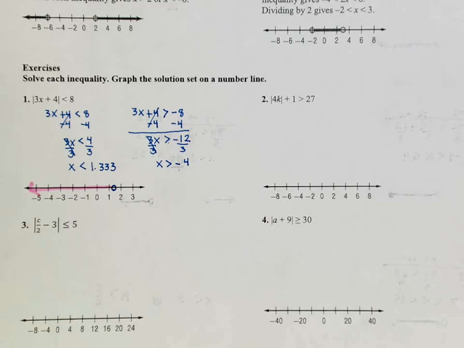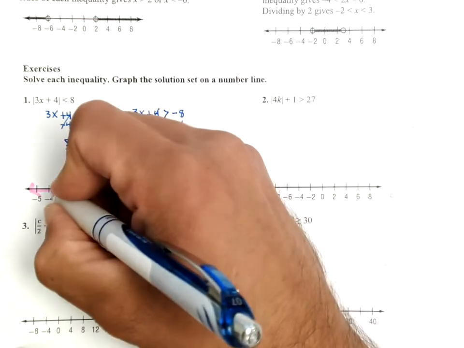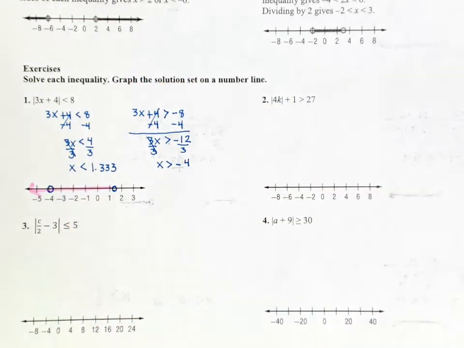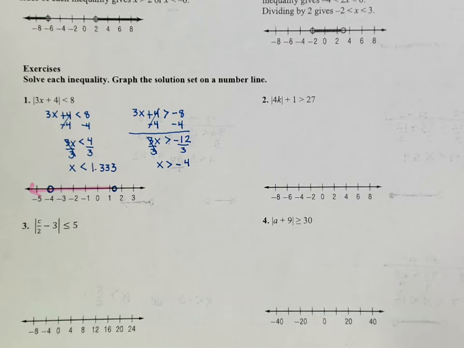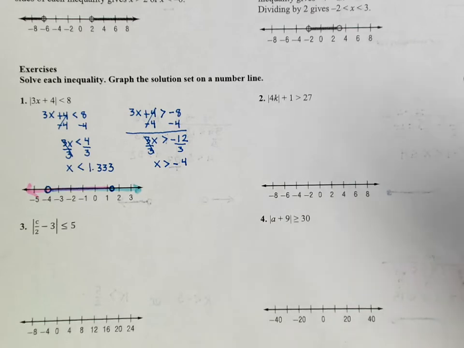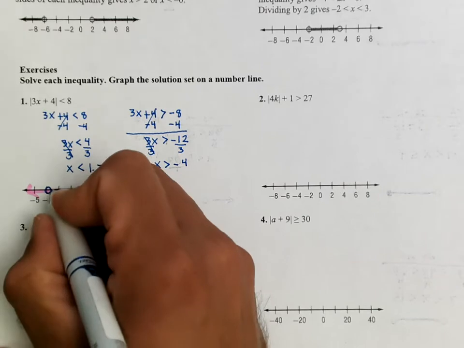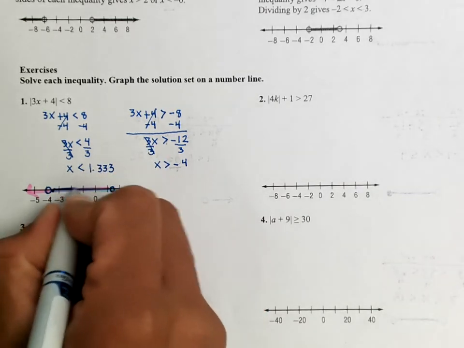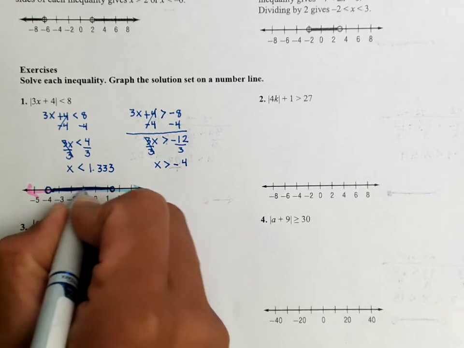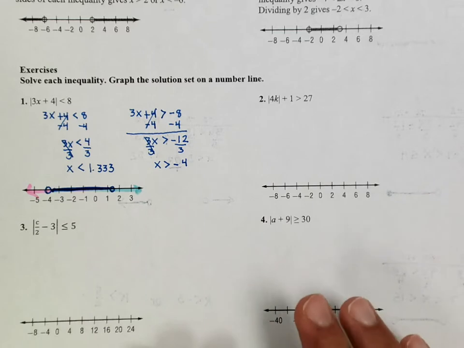Now x is greater than negative 4 means that I would shade everything to the right of negative 4. Where the two colors I wrote in highlighter combine is right here. So this is an and statement. It turns out that this is an and statement, and I can tell that because the shading is in between.